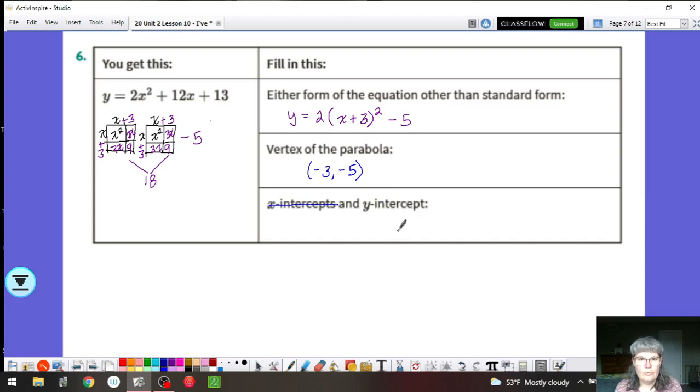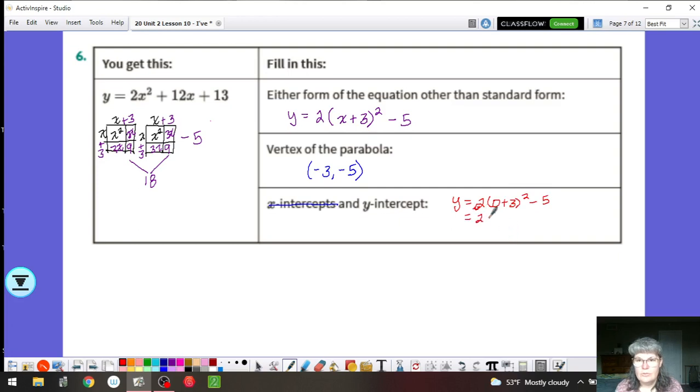Now I'm going to go through finding the y-intercept by plugging in 0 for x, and then I'm going to point out where you see it in standard form. So if I substitute 0 for x, we have 2 times 0 plus 3 squared subtract 5.